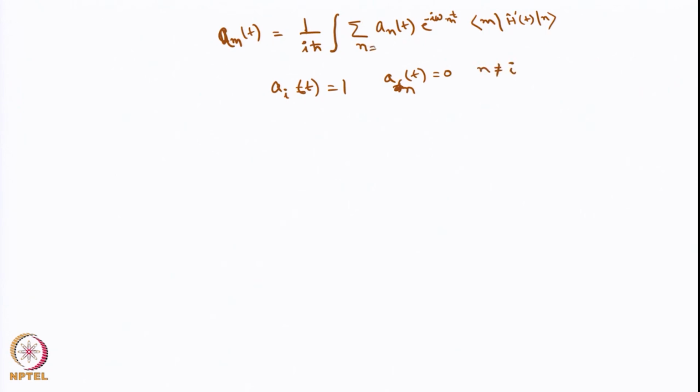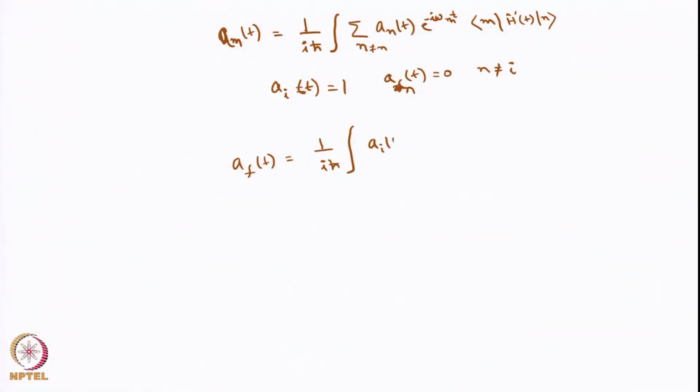In such a scenario I can write a_f of t, that is what you want to evaluate, as 1 over i h bar integral. All of them will go to 0 because the coefficients are 0, only one coefficient will survive, that will be a_i of t, e to the power of minus i omega_fi t, m h prime of t dt.